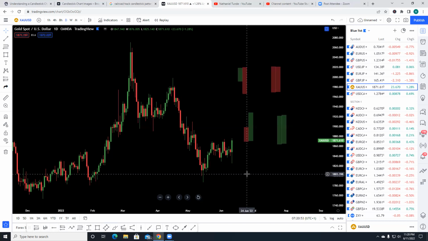There are certain areas on the chart where it will make a lot of sense to you. These are the 3 things I'm going to be teaching you, and these are the 3 things that are relevant to time frame analysis. So let's get started, guys.